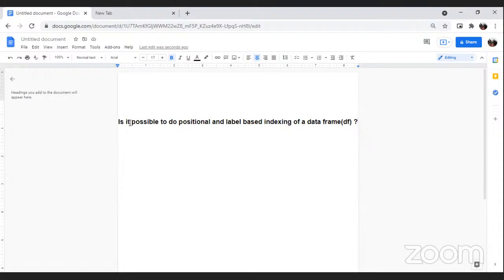All right. The question is: is it possible to do positional and label based indexing for a data frame? Absolutely correct, Manish.